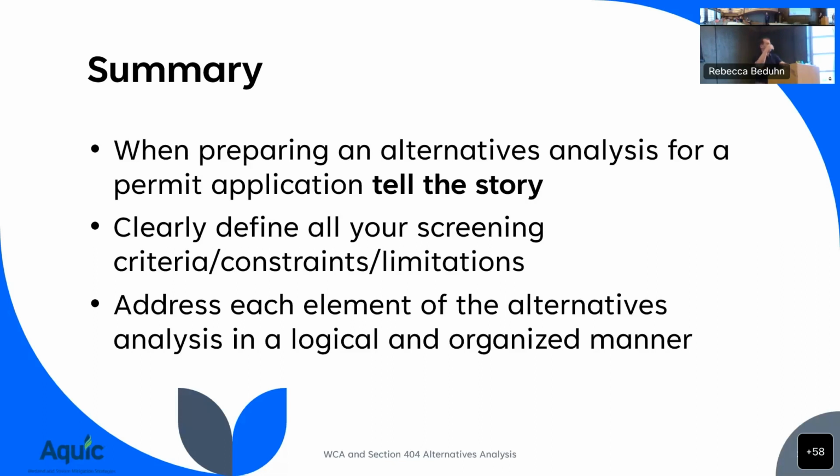Because, like Dave talked about, there's the avoidance and the minimization, but you may have an offsite discussion, and when you get on site, you may do avoidance and minimization again, like we talked about with the Costco example. It's an iterative process, and you may revisit some of these things. So go offsite, onsite, avoidance, minimization, all your screening criteria, and put it together in the way that best illustrates the process you went through to arrive at your project. So those are our summary points. If you guys have anything to add, throw it out.